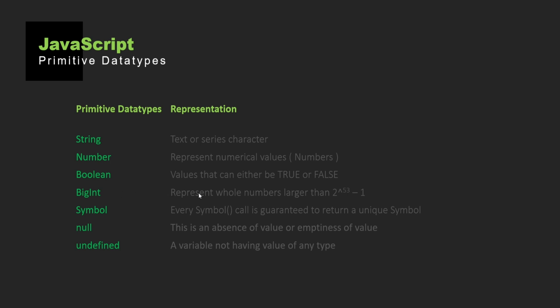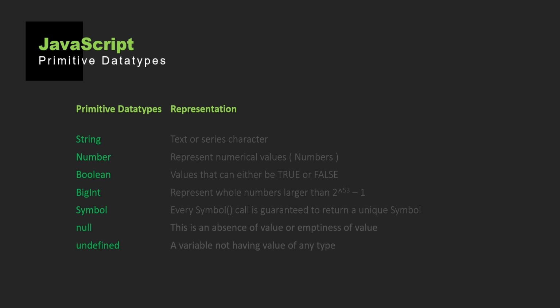All right. And the next one is BigInt. In JavaScript, there is a level a number can get high enough that it cannot be considered a number anymore, but a BigInt. So if a number is higher than this specific value, it is considered to be a BigInt. For symbol, everything that is enclosed inside of this kind of object, or a constructor or a function, is considered a symbol.